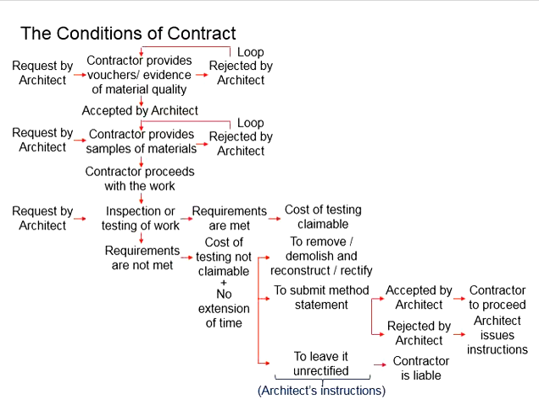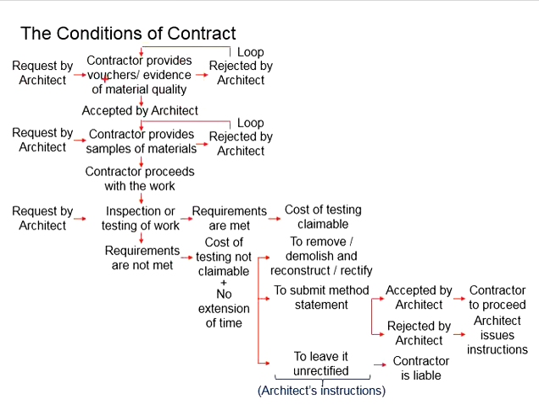First, we have the relevant materials and specifications of the works, to ensure that the contractor is providing the works or materials as per what is stipulated within the contract. The architect can request evidence or vouchers related to the specifications of the materials.